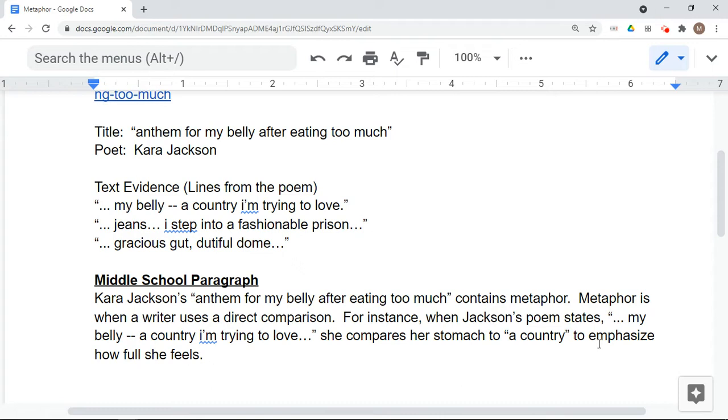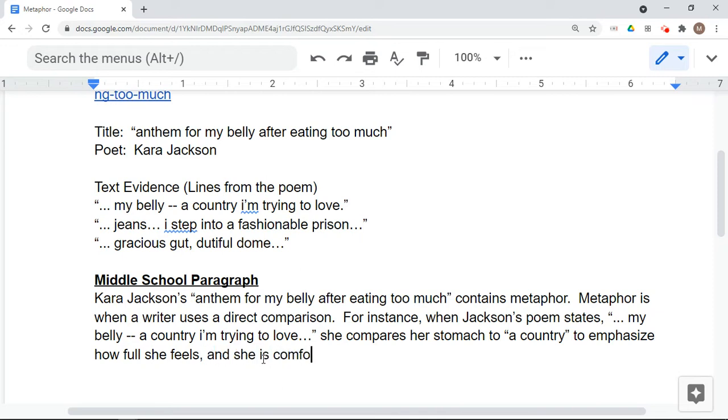And if you as the reader do not understand what after eating too much means, then maybe this is too much for you. So, I would argue that I don't think you have to elaborate on that, because the title right here says it, after eating too much. So sometimes we can let the title do the work if it's directly stated.